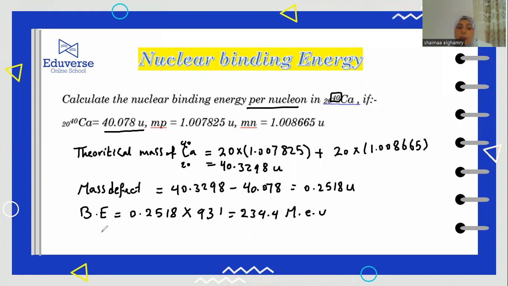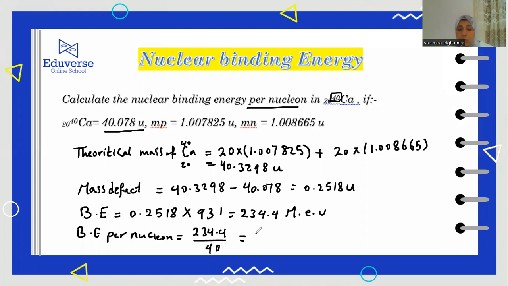So I'm going to say that binding energy per nucleon equals total binding energy, 234.4, divided by what? Number of nucleons, which are 40.